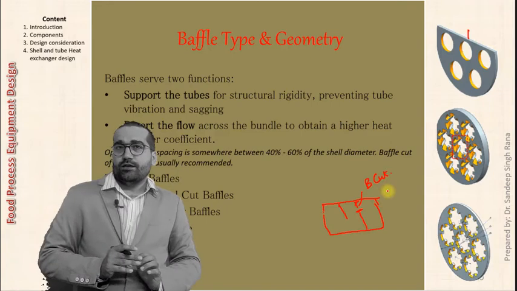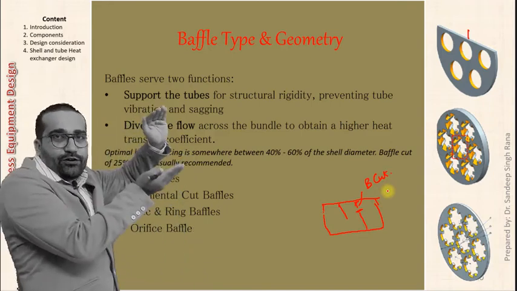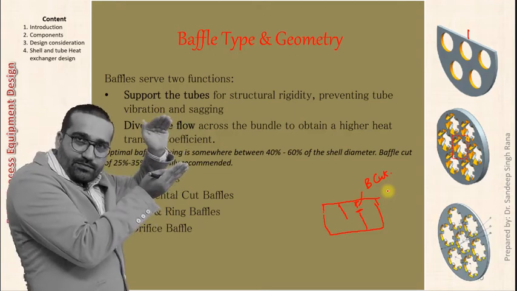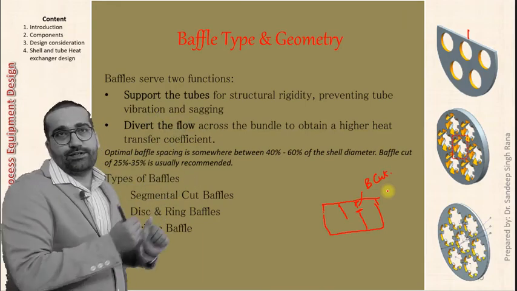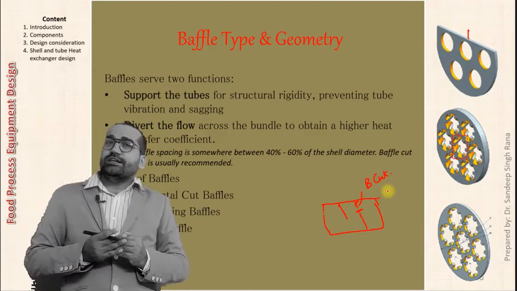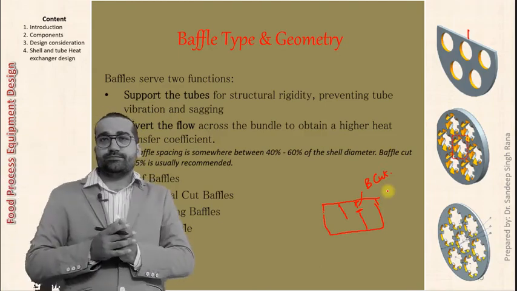The space left between the end of the baffle and the shell diameter or shell boundary is the baffle cut. So how much baffle cut should we provide? It generally varies from 25 to 35%.